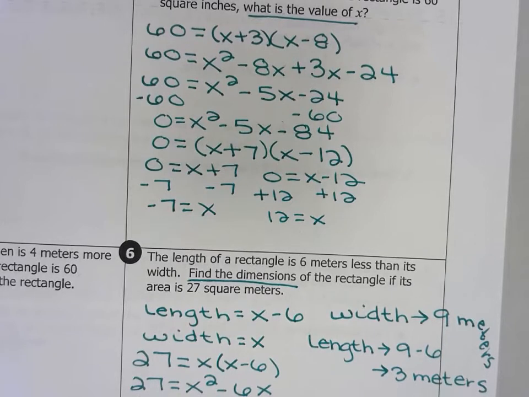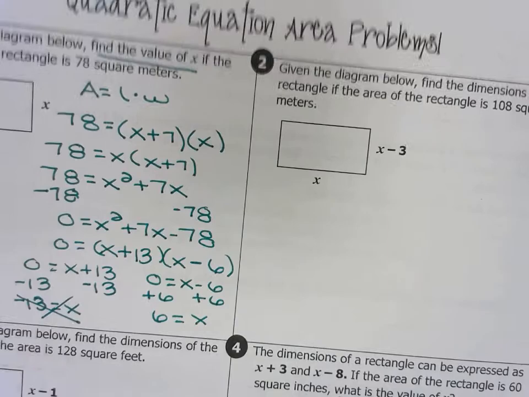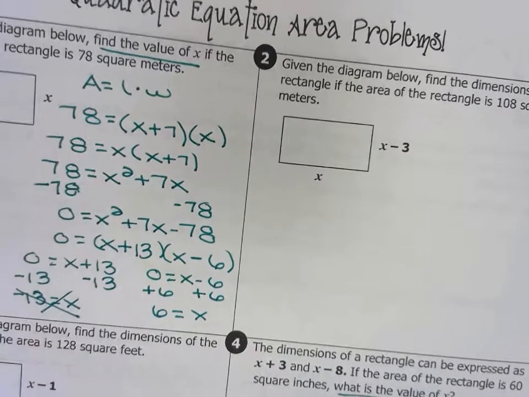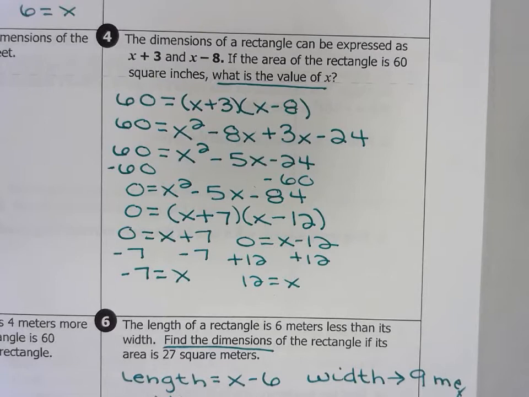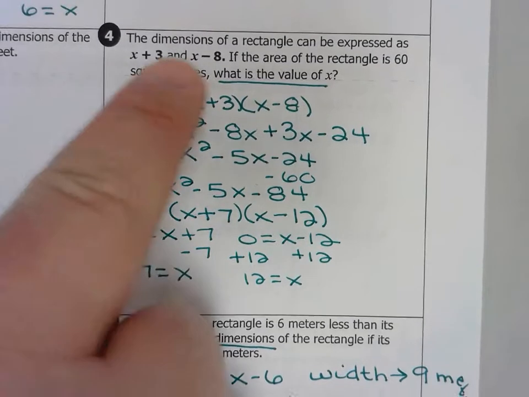Is that my answer? No. What are we thinking? I see x equals negative 7, x equals 12. Which one am I thinking isn't going to work? Negative 7. Be careful though, because in the other two we've done, x represented a side length. In number 6, x was a width, and in the first one, x was a side length. Now if I look here, does x by itself represent a side length? No, it's x plus 3 and x minus 8.